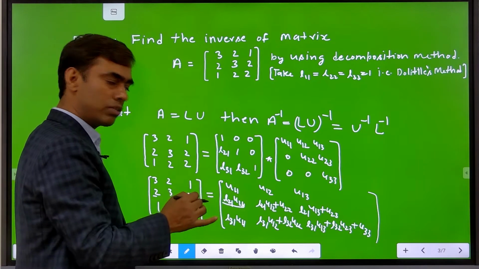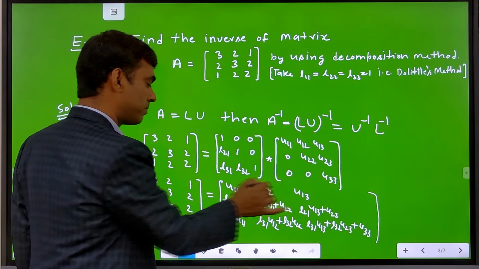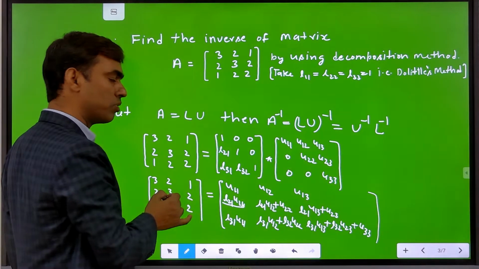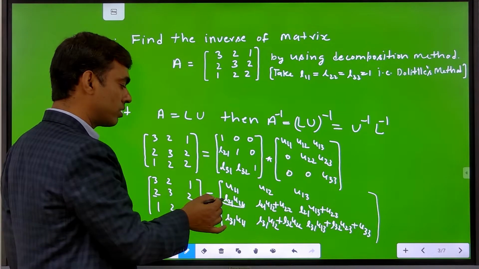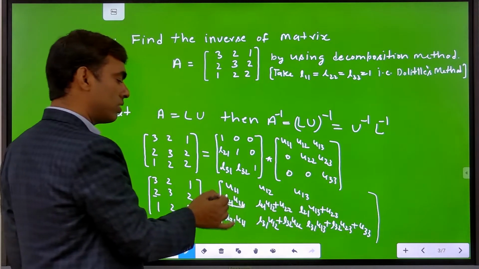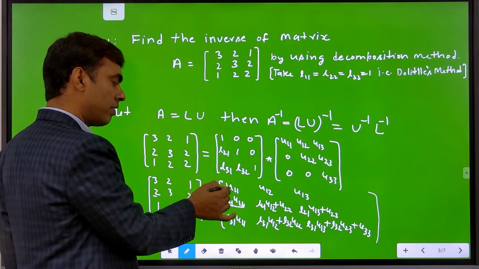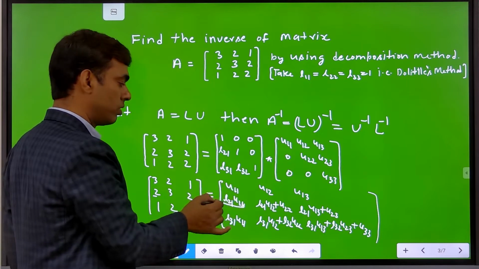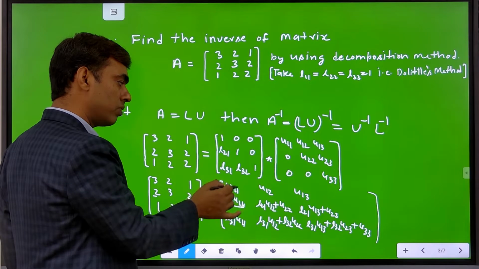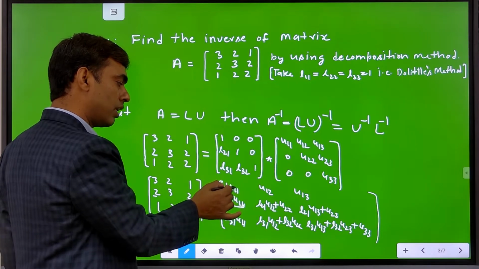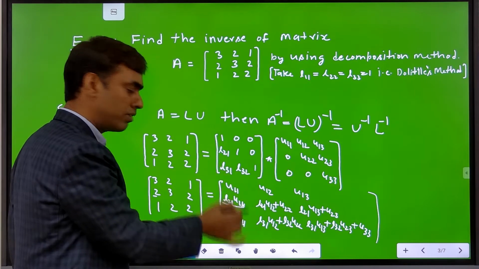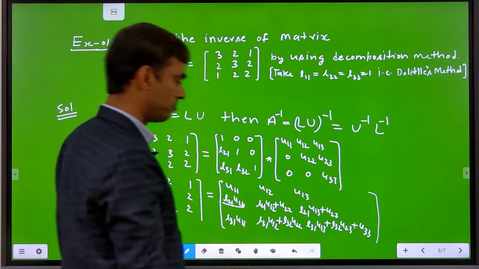So what is the correct procedure? First we compare the elements of the first row, then the second row. When we try to find the unknown values of the second row, there is a need for the values of the first row. Due to this reason we first find the unknown values of the first row, then the second row, then the third row.